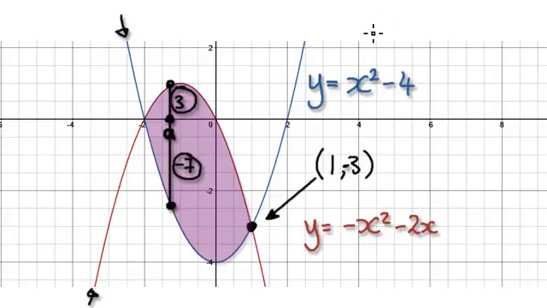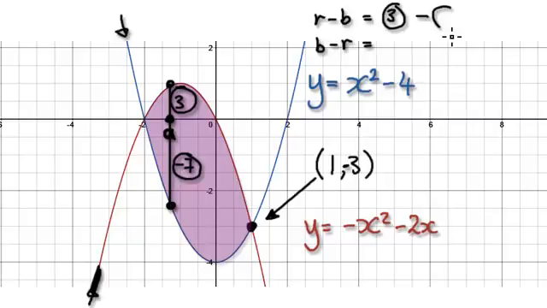So now we've got a choice. Do we get the red line take away the blue line, or the blue line take away the red line? Let's look at the case of the red line taking away the blue line. Red line, if you put A into it, gives you a 3.